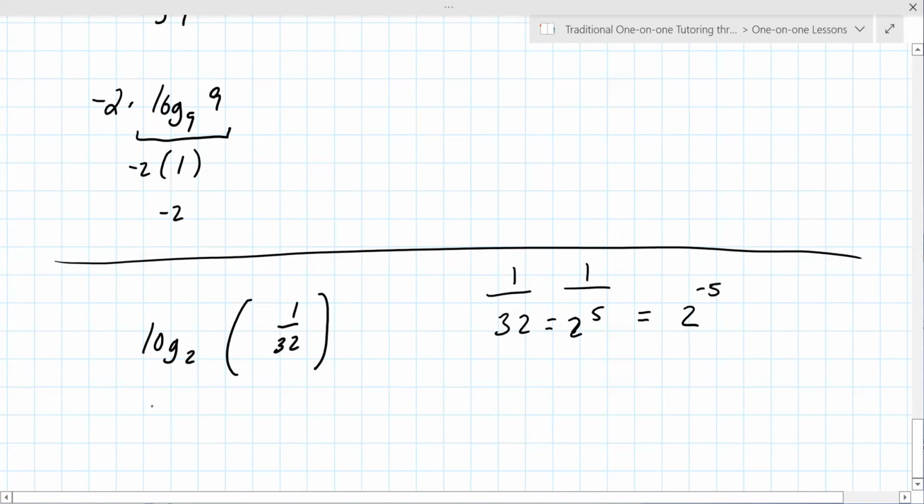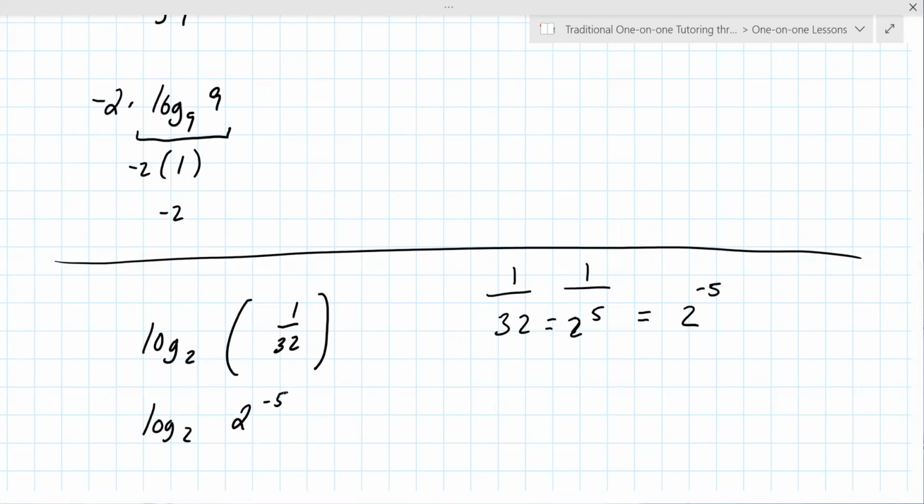Yes, and that's what you're replacing inside parentheses. It'd be -5, right? Yes, the answer is -5.